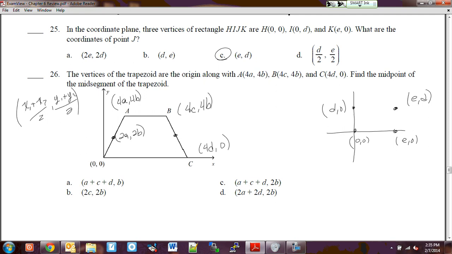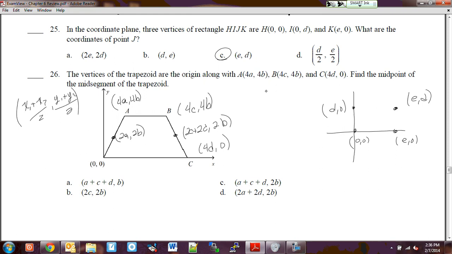Now let's look at this one. The x's are going to be 4c plus 4d divided by 2, which is going to give us 2c plus 2d, comma, 4b plus 0 is just 4b, divided by 2 is 2b.